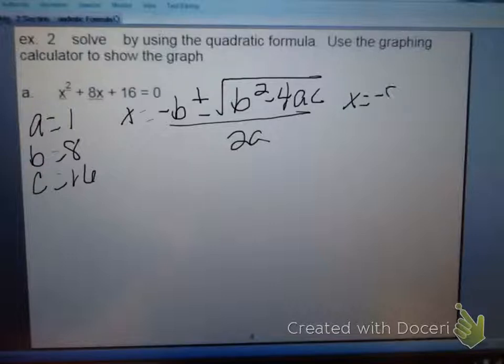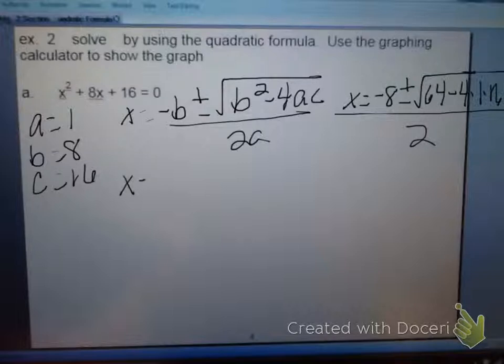That's negative 8 plus or minus the square root of 8 squared is 64 minus 4 times 1 times 16, all over 2 times 1 is 2.